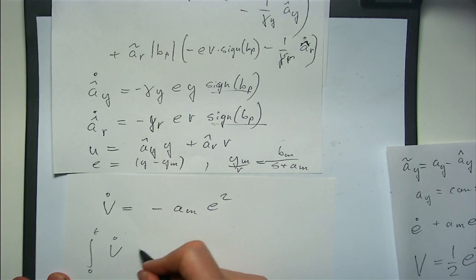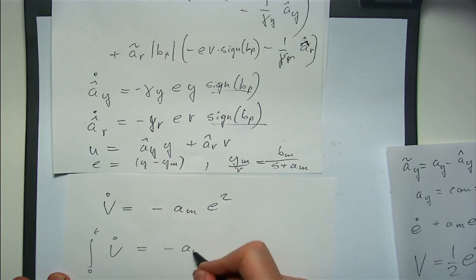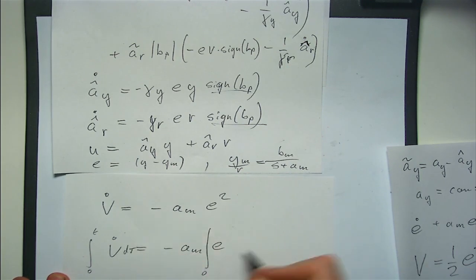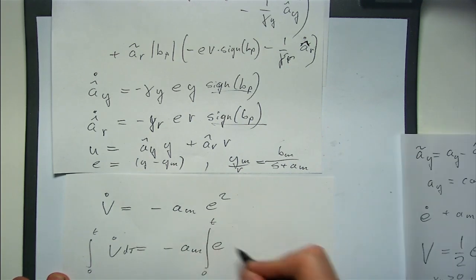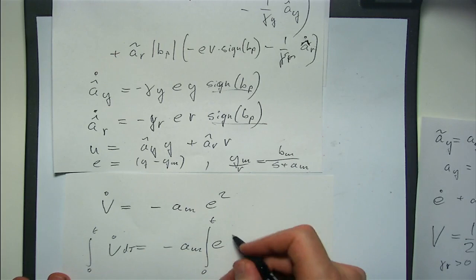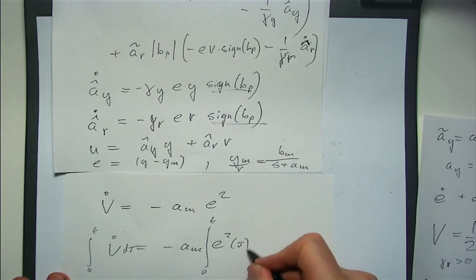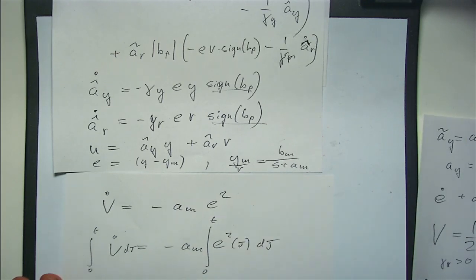V dot equals minus am, there's an integral from 0 to t, there's a d tau. You can also integrate towards infinity. It doesn't matter so much in this case, but of course you have an integrand which is tau then.